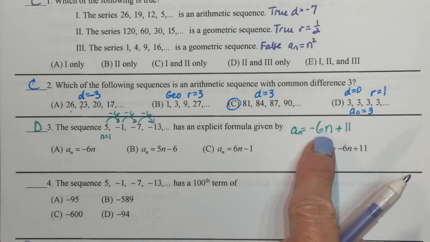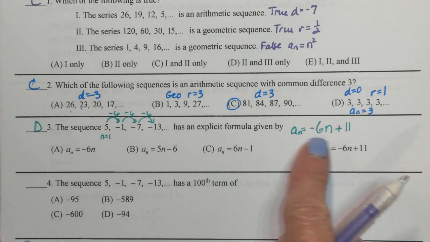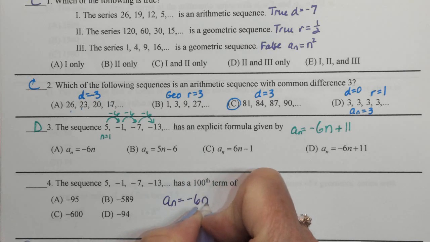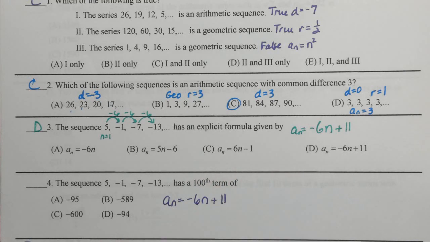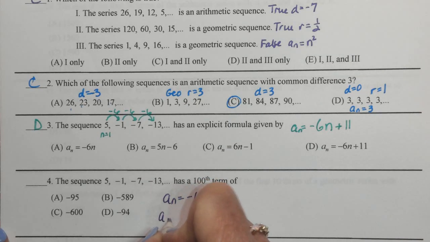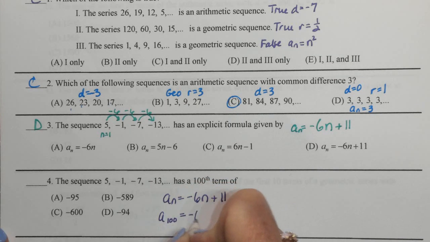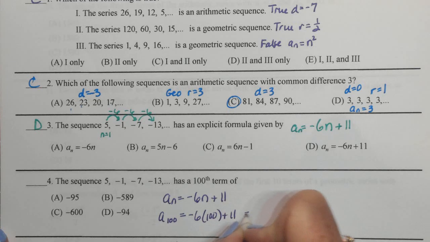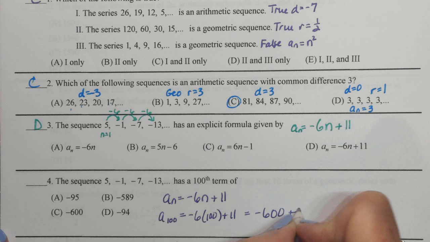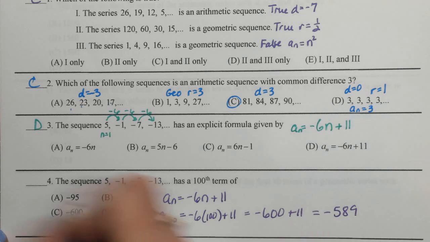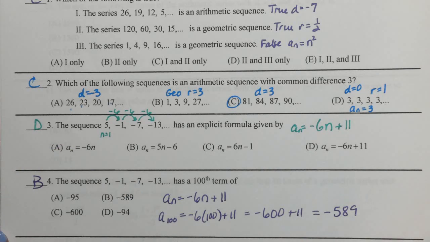So we just went through the process of finding the a sub n formula, which would be the first step here. We would find the a sub n formula, the explicit formula, and then we will plug in 100 for n. We'll have -6 times 100 plus 11. That is -600 plus 11, which is -589. So B is the correct answer there.